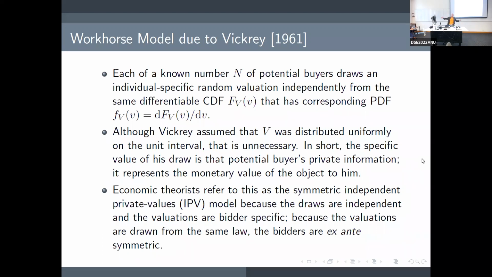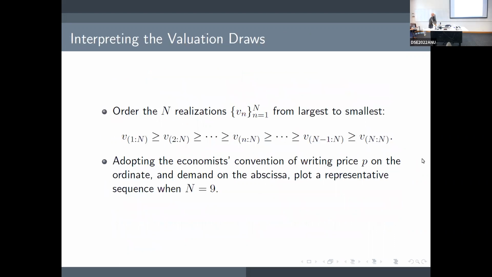If you have 30 goods, you take an independent draw for each and you get this little approximation to a demand schedule. So if you have n folks, you can order their valuations from smallest to largest, and you'll notice there's been a slight change in notation. I use little n for the index, big N for the top end, and then I use this notation 1:n, 2:n, N:n in the subscript to denote the order statistics.